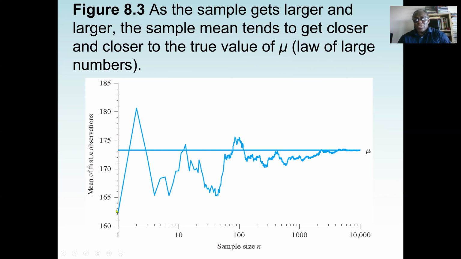So when the sample size is very small, we can see that the sample mean is different, it's fluctuating. But as the sample size increases, somewhere around 1,000, we can see that it's getting close to the population mean. When we reach 10,000, which is the population size, the mean of the sample will be exactly the same as the population mean.